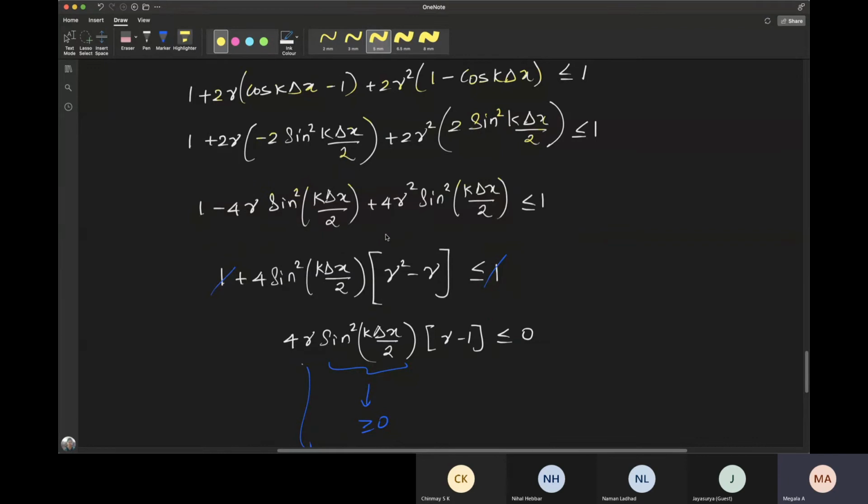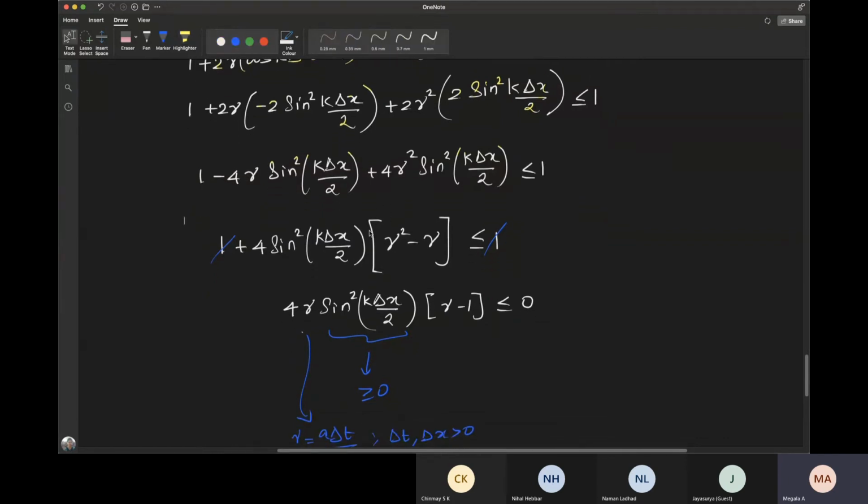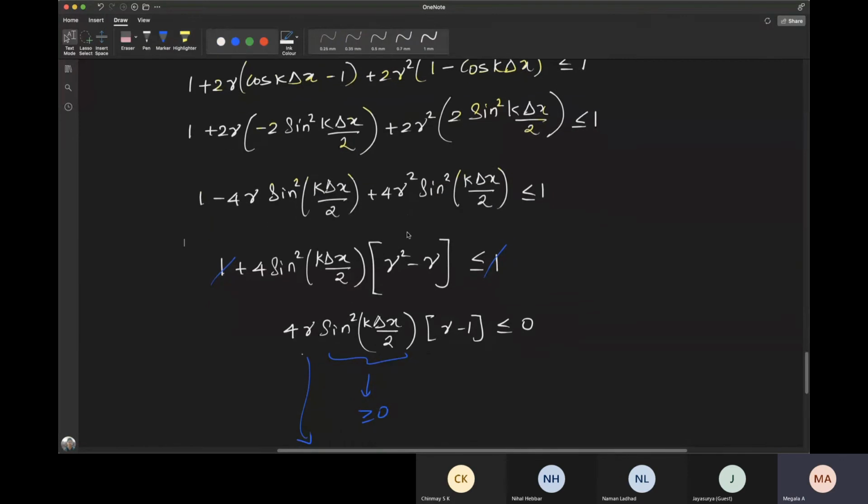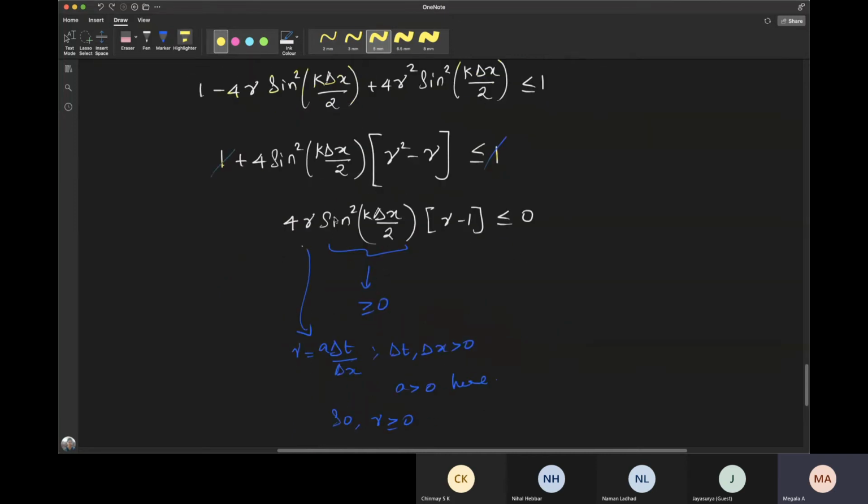This is similar to what we did yesterday, but we have additional terms coming up. Yesterday we had just one term like this; now we have two terms. So 1 and 1 will get cancelled and we have some expression like this. If you look at this expression, sine squared k delta x by 2 is always positive.